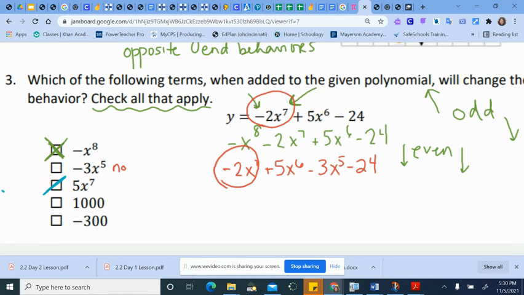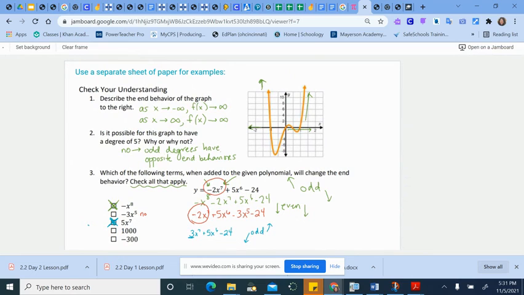This guy is the other one that'll change it, because suddenly, if we add 5x to the 7th plus negative 2x to the 7th, we would have 3x to the 7th plus 5x to the 6th minus 24. Now our exponent is still odd, but this guy's positive. So instead of going down to the right, it goes up to the right and down to the left. So that would change it. So there are the ones that would change it.